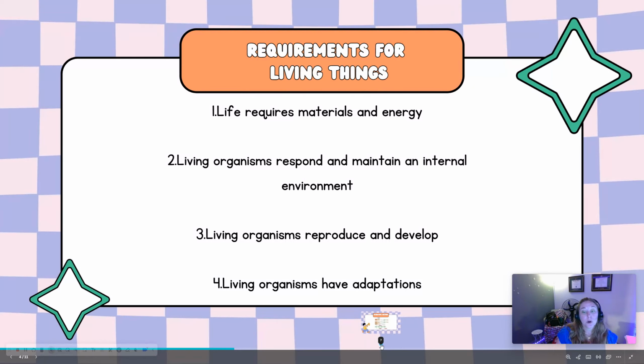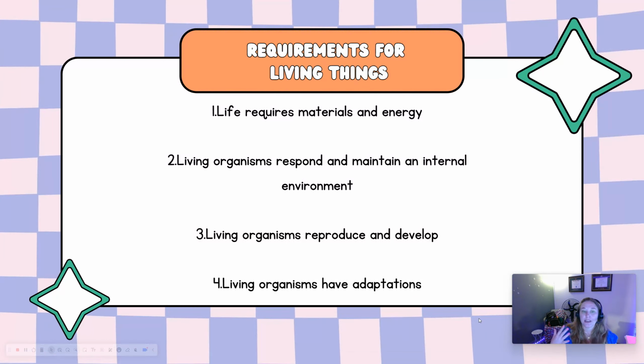What are the requirements that we have for living things? Well, life needs materials and energy, so we need to eat and get those materials, or we need to make our own food if we're a plant or an algae. Living organisms respond to their environment or respond to a stimulus, and they maintain their internal environment, or we call that homeostasis.